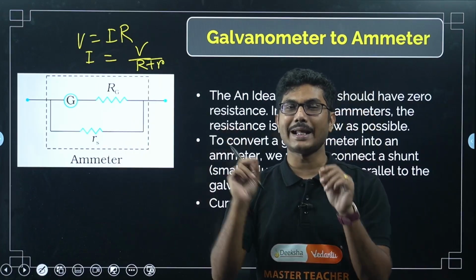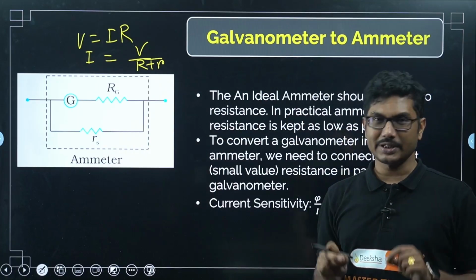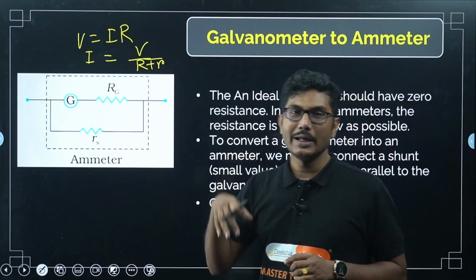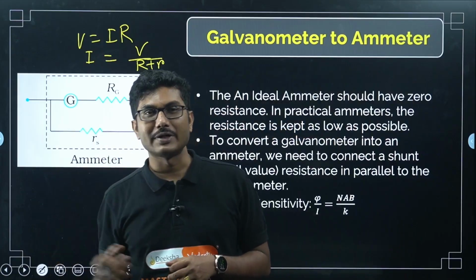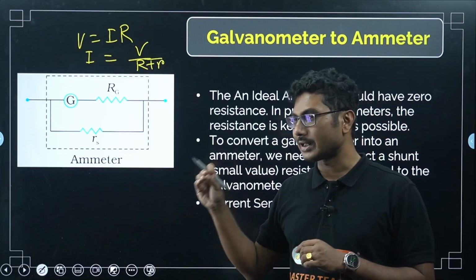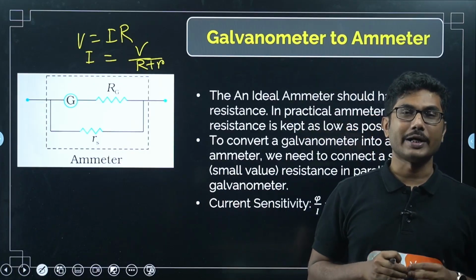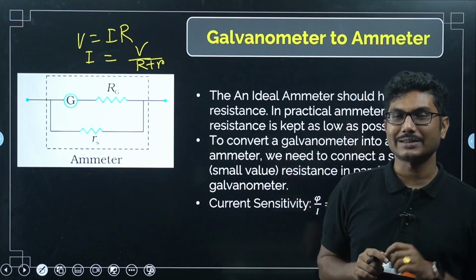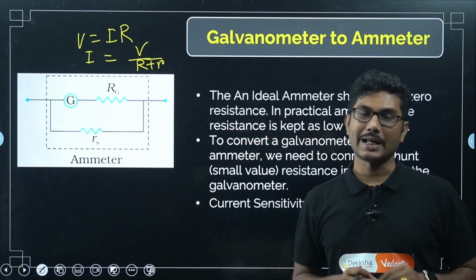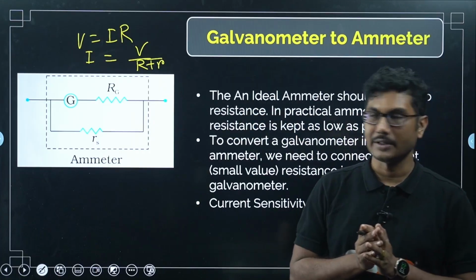You are only applying the ammeter for a second to measure the current. Later on you want to remove it, because in our day-to-day circuits, do you see an ammeter fixed everywhere? No, right? The ammeter is used only when required, when your device is broken down and the repairman comes to test how much current is flowing. Then he uses the ammeter to measure the current, and as soon as it is done, he will remove the ammeter, right?